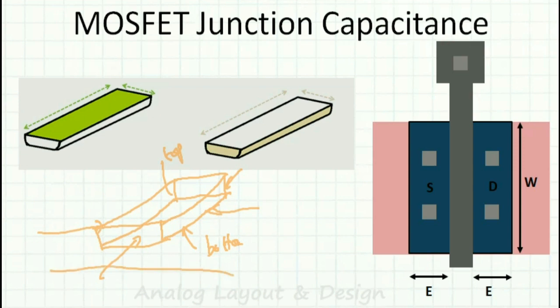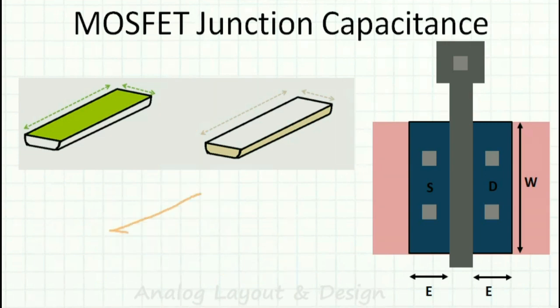Here it is all inside the substrate, the P minus substrate. On the top you have contacts, and then it will go to metal. In the top surface I don't have any capacitance.